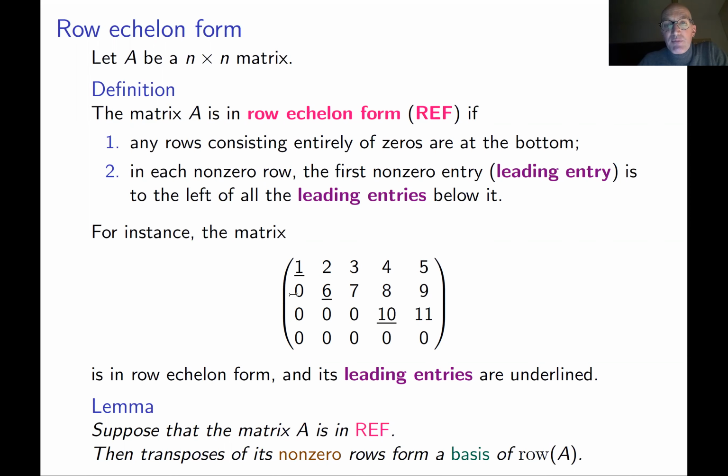You can, for example, divide this second row by 6. Of course, you get some ugly rational numbers here, but the leading entry is going to be 1. And the third row, you can divide by 10. So here you're going to have 11 over 10, but here you're going to have 1. Okay, this is a little bit simpler.